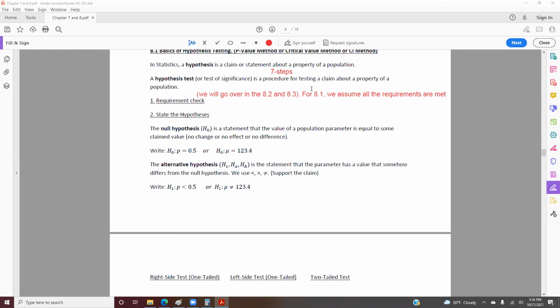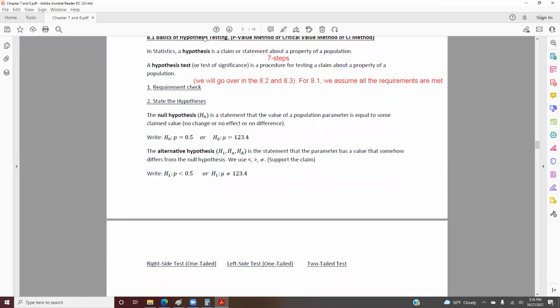Now, these are the 2 hypothesis statements that we will be writing. This is very important. The first hypothesis is called the null hypothesis, denoted by H0. It is where your population parameter is equal to the claim value. That means there is no change, no effect, no difference.